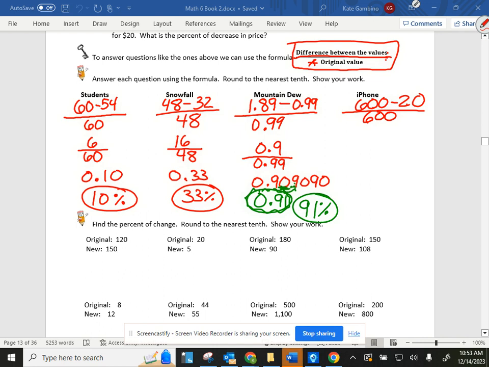What is 600 minus 20? 580 divided by 600. What is 580 divided by 600?